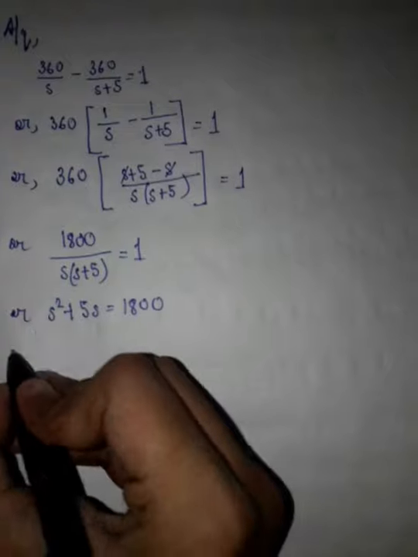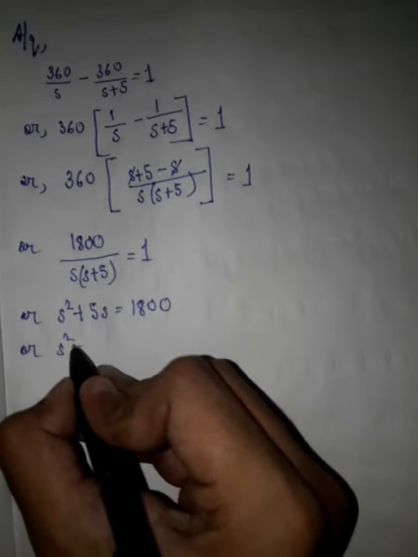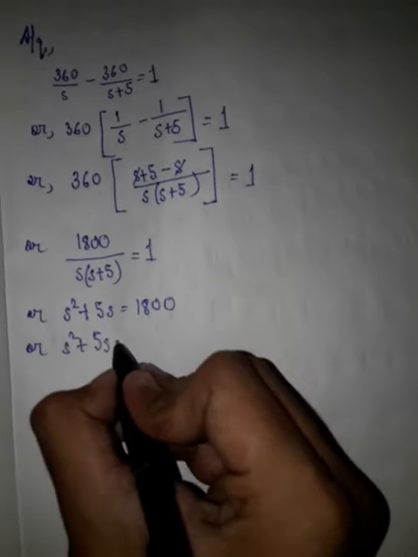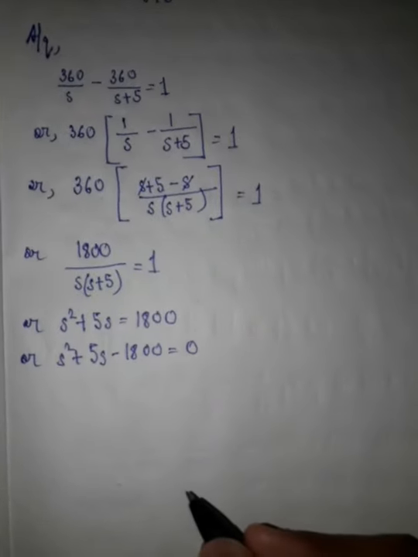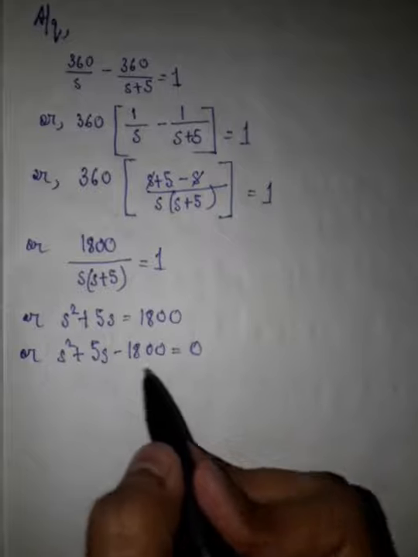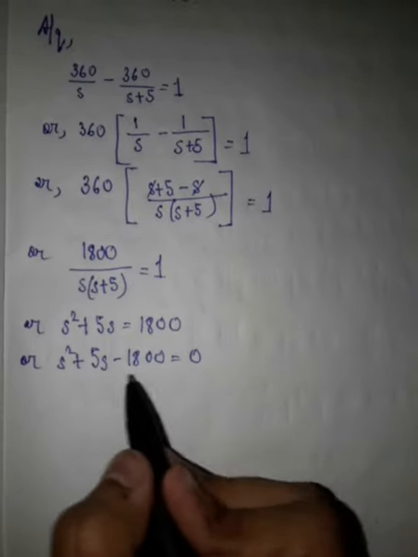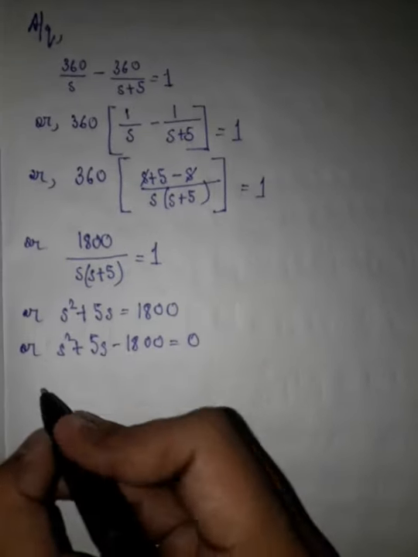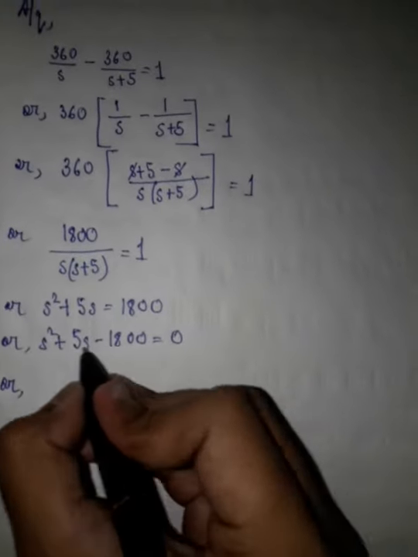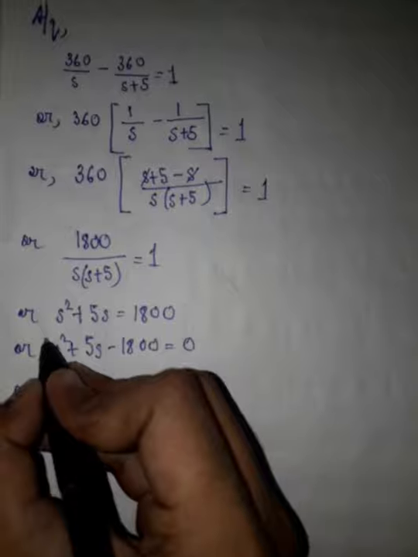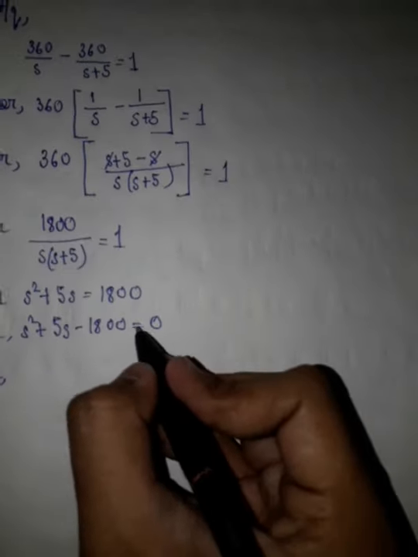Taking this 1800 on one side to form a quadratic equation, s square plus 5s minus 1800 equals 0. Here also we may use Sridharacharya or the factorizing method. I will be using the factorizing method. The coefficient is 1 and the constant term is 1800.